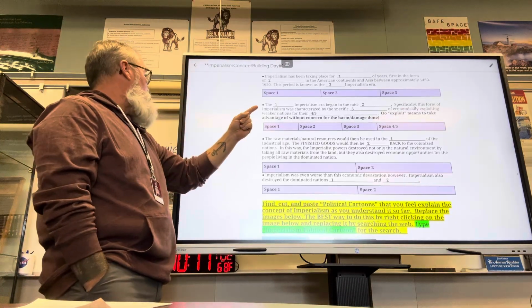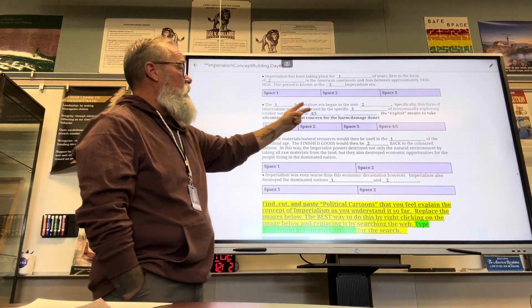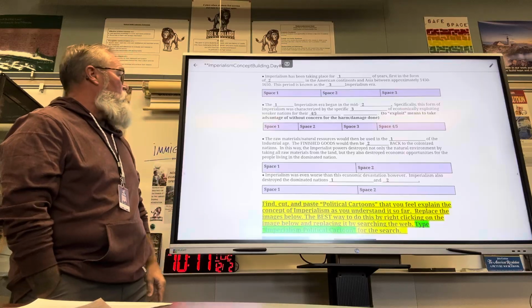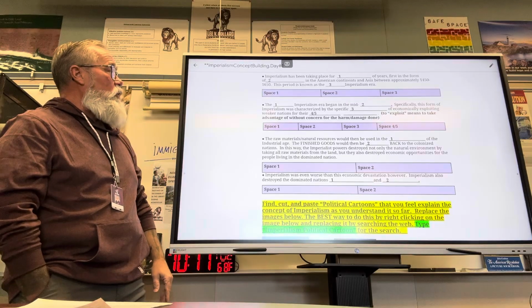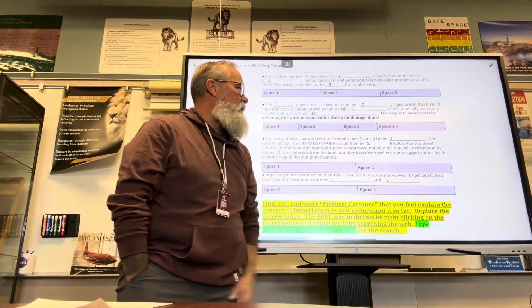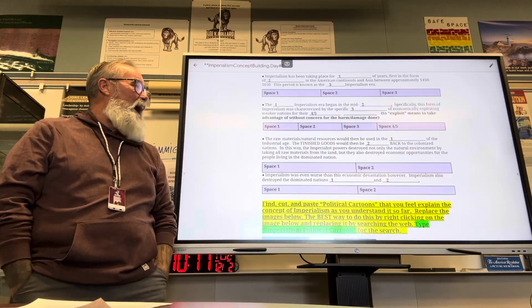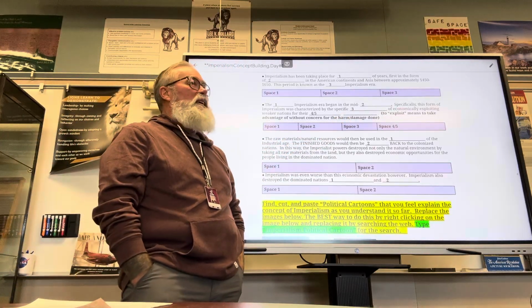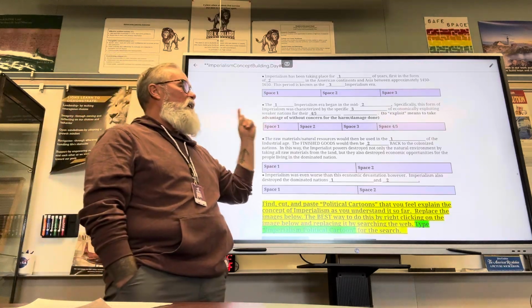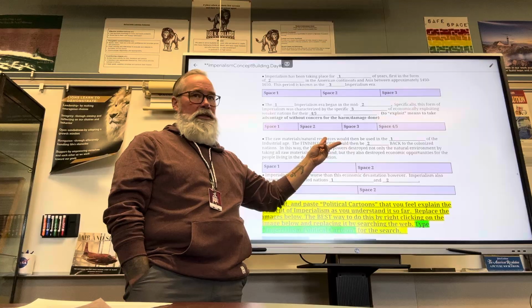The new imperialism era began in the mid-1800s. Specifically, this form of imperialism was characterized by the specific practice of economically exploiting weaker nations for their, 2 words, natural resources.